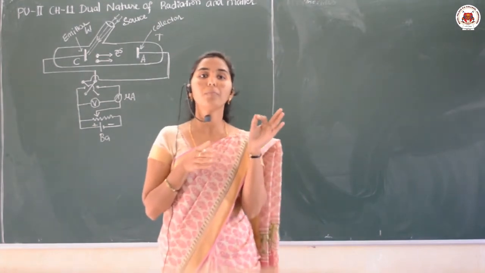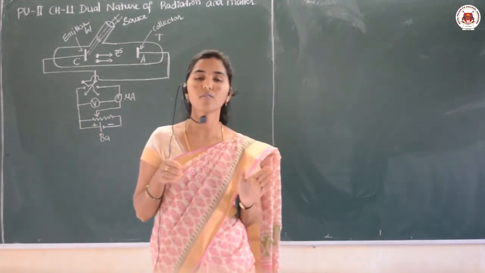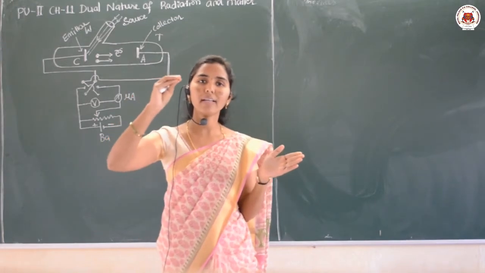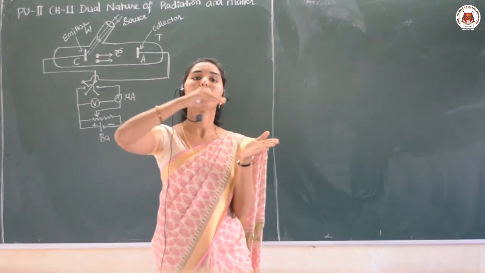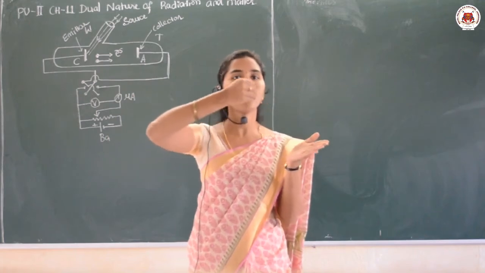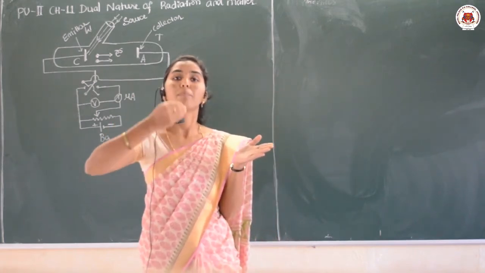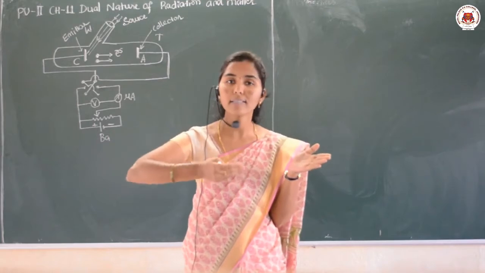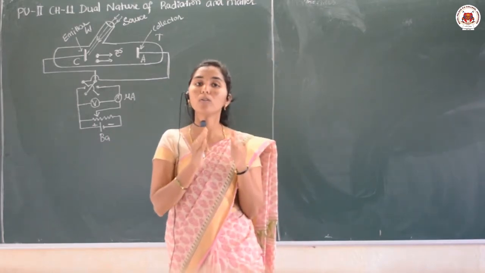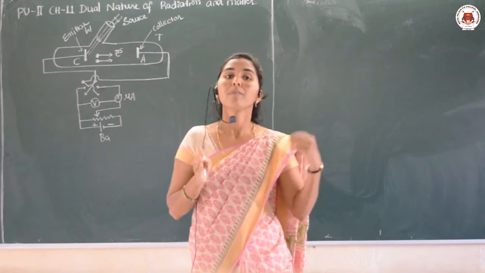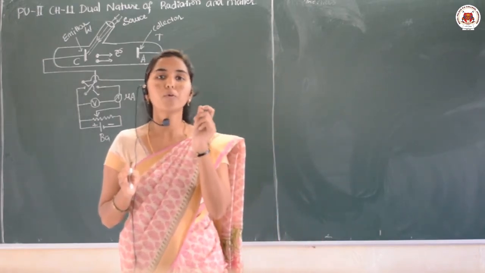The current produced due to the flow of photoelectrons when radiation of suitable frequency is incident on the metal surface. It emits electrons, and those electrons are called photoelectrons, and when they flow, they constitute the photocurrent.